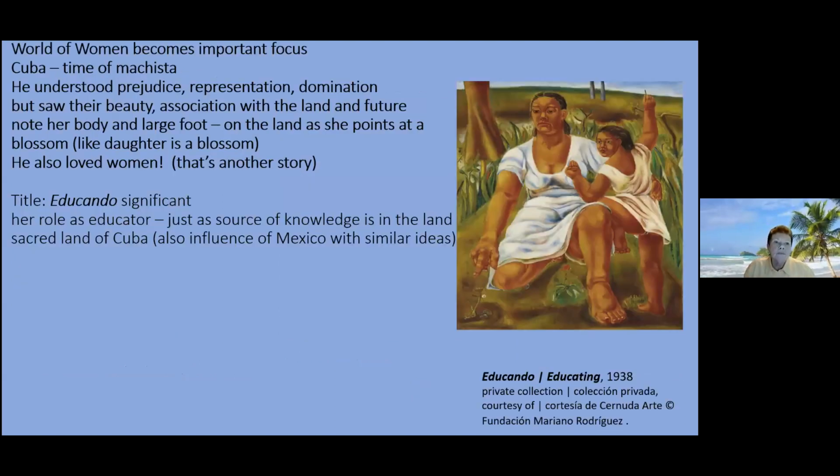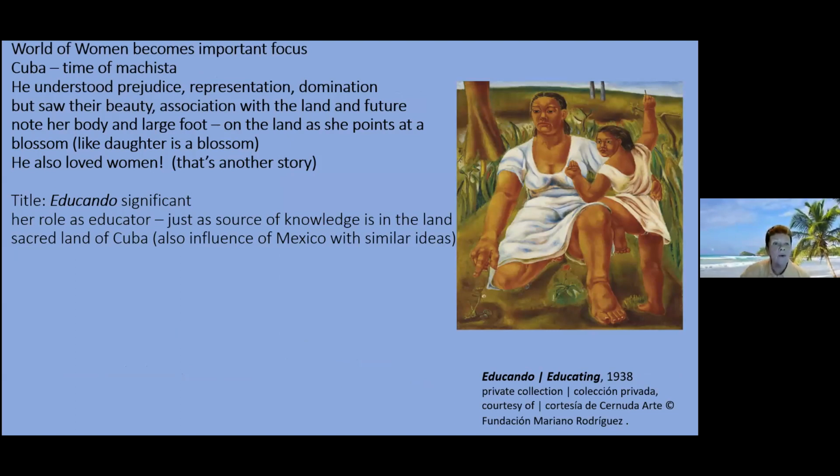So the world of women becomes very important to him. In Cuba, the time of machismo, he understood representation, domination, but he also saw the beauty of the women, their association with the land and the future.